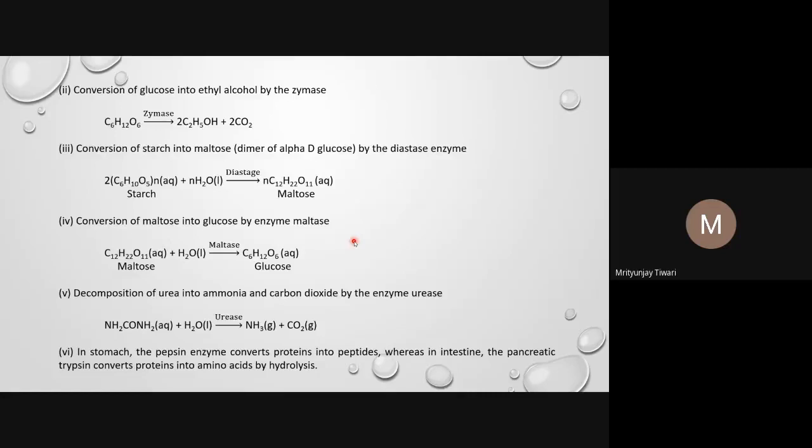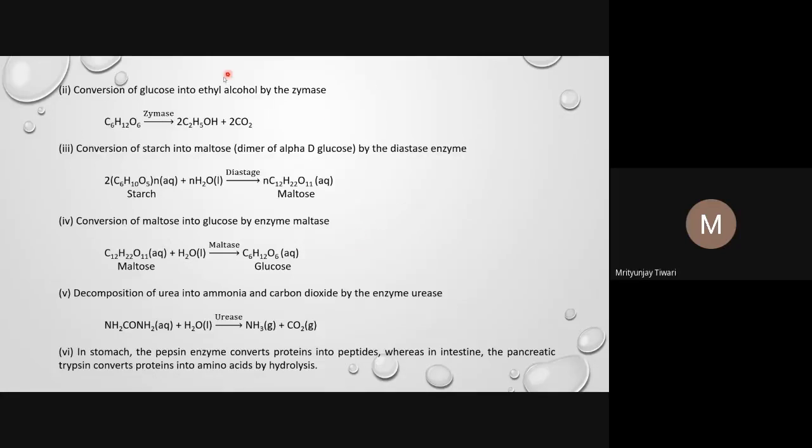Most of the oxidation of glucose happens in the mitochondria, and energy is released. That is why the mitochondria is called the powerhouse of the cell. A mitochondria is one of the cell organelles, one part of the cell, for those who do not understand, particularly students from the non-biology side.